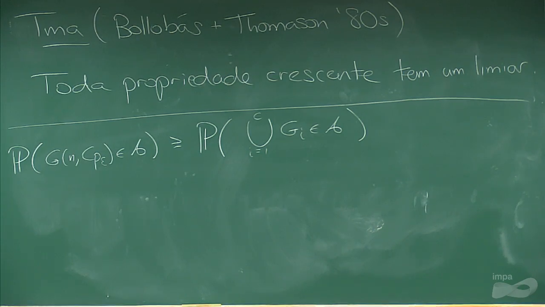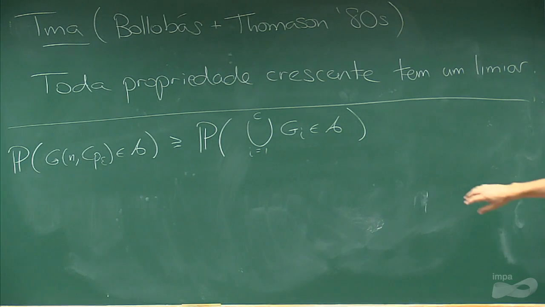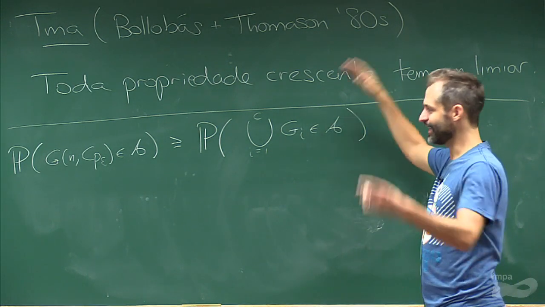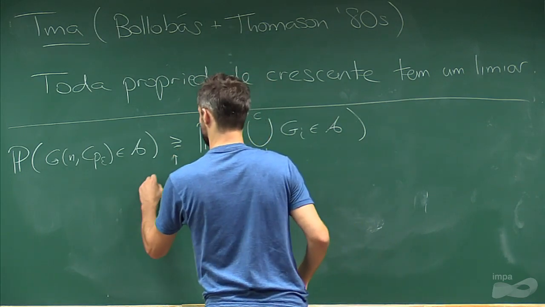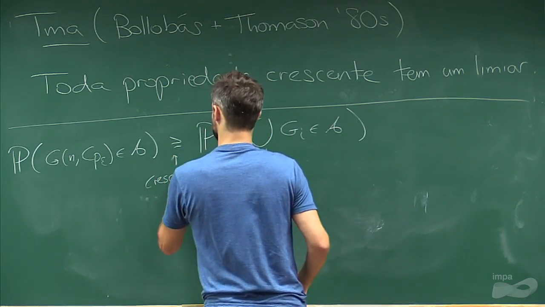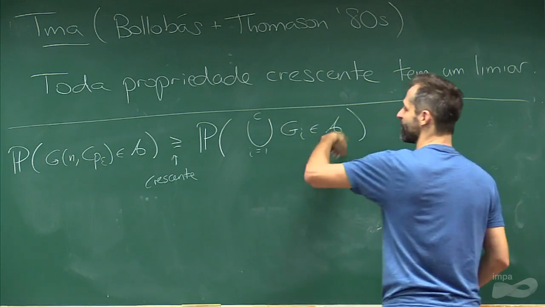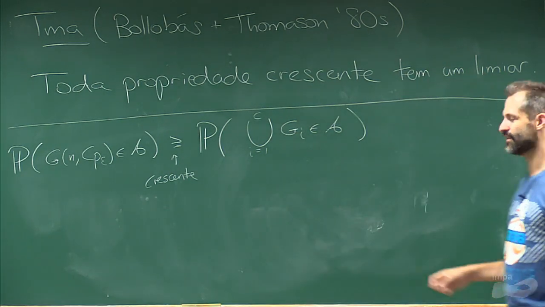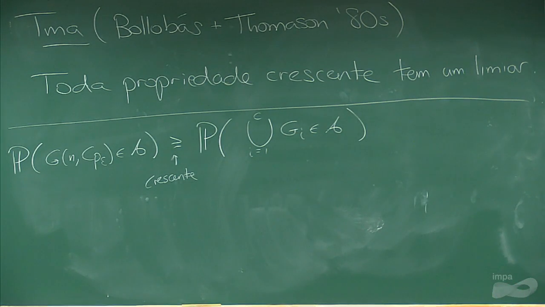Sorry, is this clear? Why is this true? Increasing, exactly. If one of these holds, so if G_i already has the property, then anything containing it has the property, in particular this guy does.